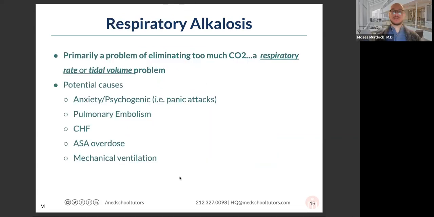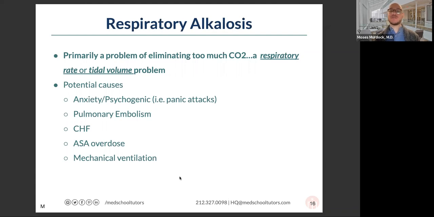I will just talk now about respiratory alkalosis. And in a sense, it's just the same conversation we had about respiratory acidosis, but flipping it on its head. It's a problem of eliminating too much CO2. And if we translate that, considering CO2 is our acid, it's getting rid of too much acid via the respiratory system.